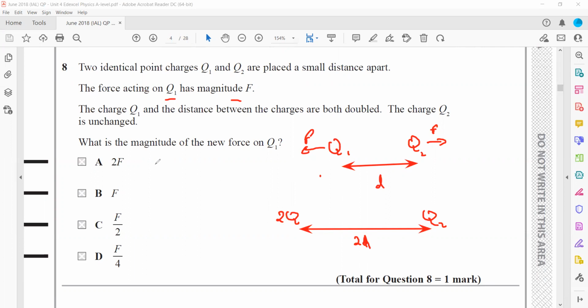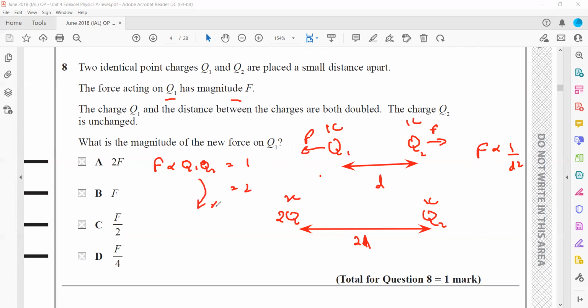We have the formula: F is proportional to the product of the charges Q1 Q2, and F is inversely proportional to the square of the distance between them. Using numbers as an example, if the charges are 1 coulomb and 1 coulomb, the product is 1. Now with 2 coulombs and 1 coulomb, the product is 2.